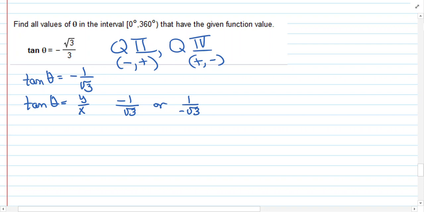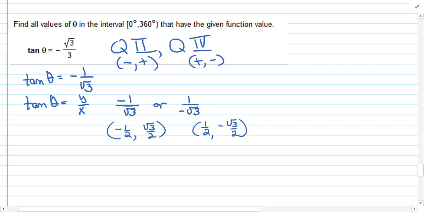So if I had that -1, I'd have the -1/2 and the square root of 3 over 2. Or I would have the 1/2, because it's a 30 degree, and the negative square root of 3 over 2 by the ordered pair that we had.